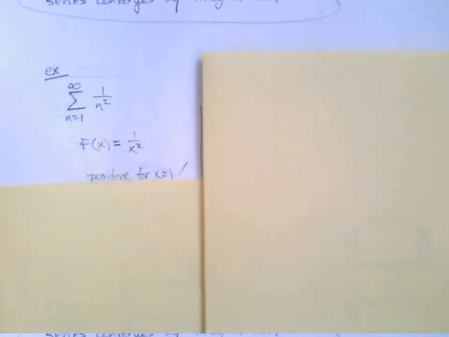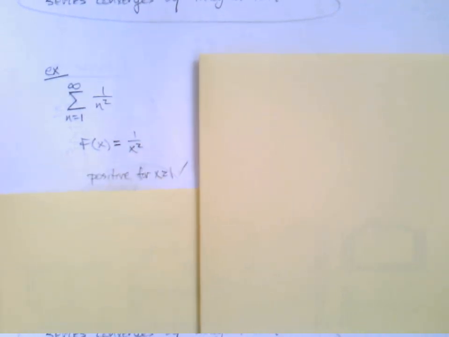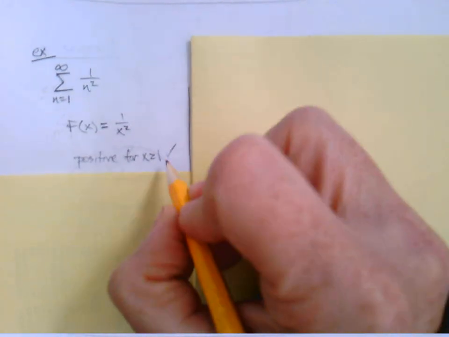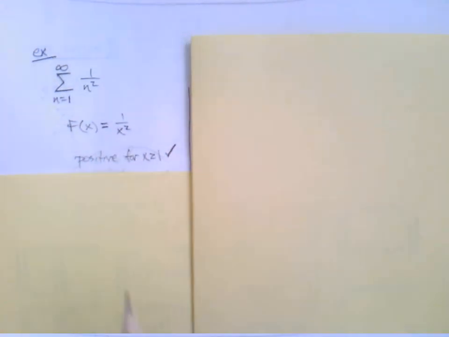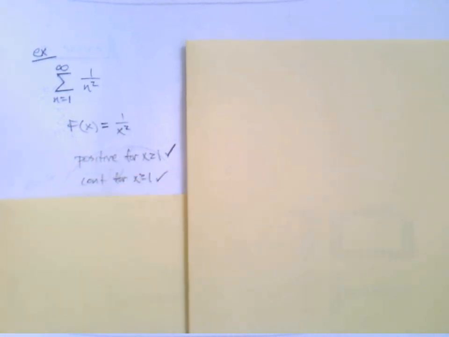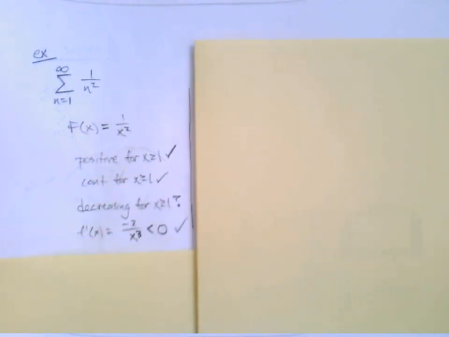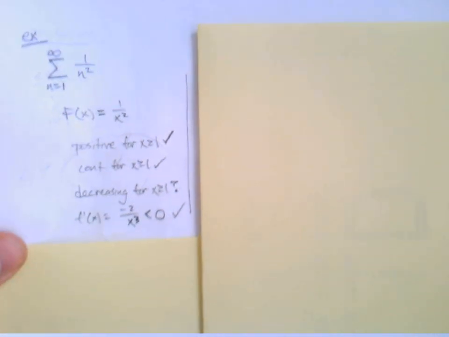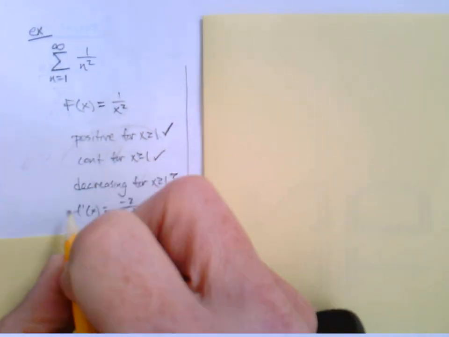F of x equals 1 over x squared. Okay, so if we're going to look at the three conditions, is that function positive for x greater than or equal to 1? Sure is. Enough said. Is that function continuous? Yep. Is that function decreasing? Oh man, that's really kind of hard on the eyes there, but okay.